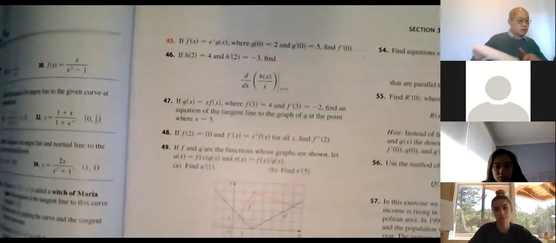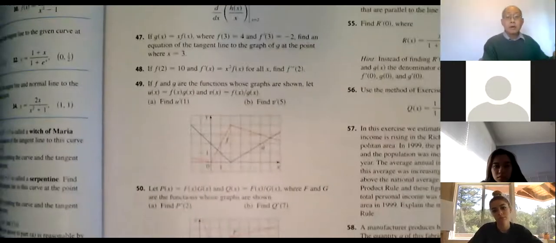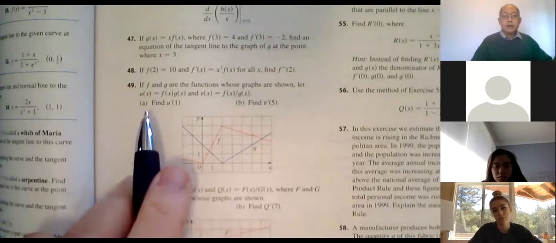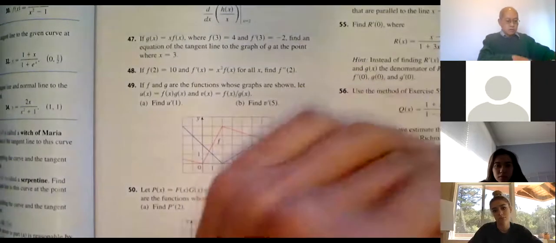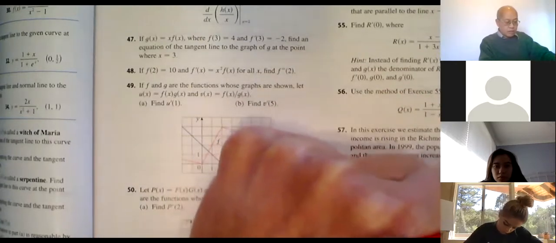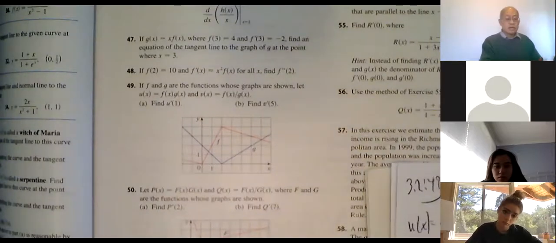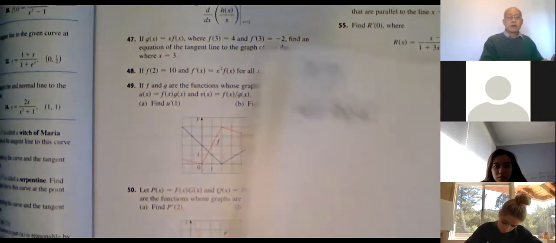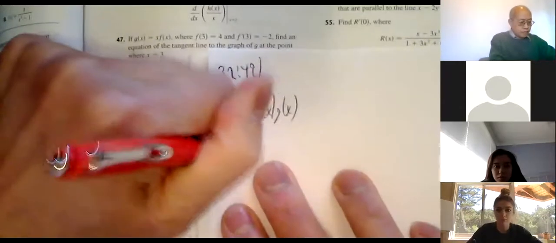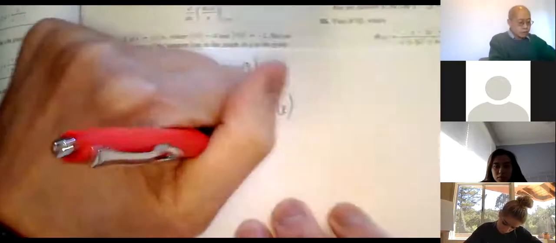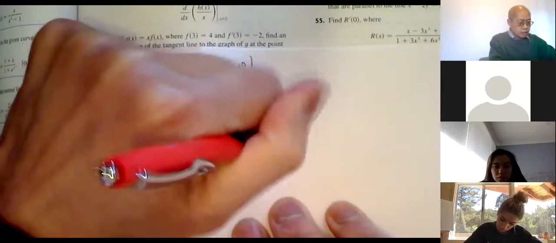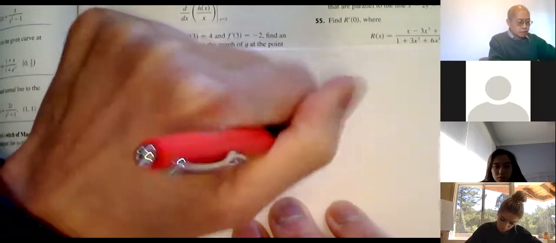Okay, so that one requires us to look at the picture. Okay, so u of x equals f of x times g of x. Let me hide the text for a moment. So u prime of x by the product rule is f of x, g prime of x plus g of x, f prime of x.